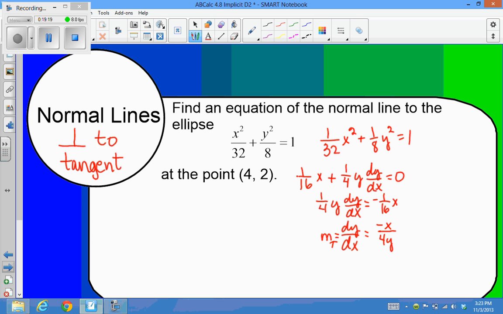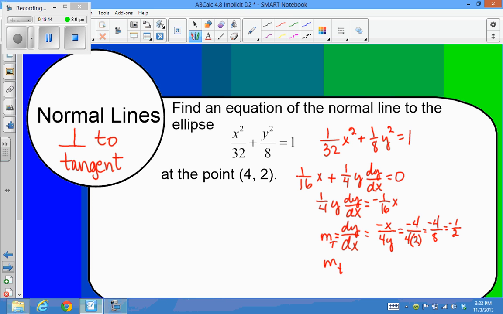Okay, so what I want to do is plug in my 4 and my 2, and reduce that. Negative 4 over 8 is a negative 1/2. That's the slope of my tangent line. Okay?